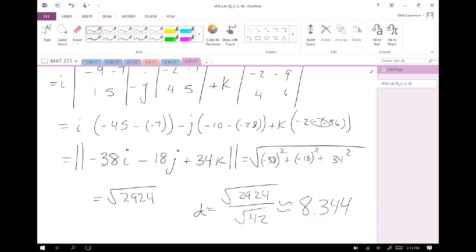And then number 7 is exactly the same. It's the distance between a point and a line. So you go through the exact same steps.